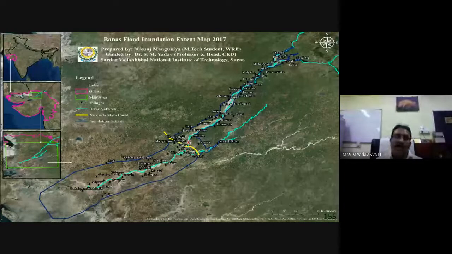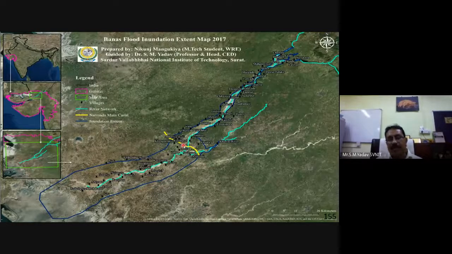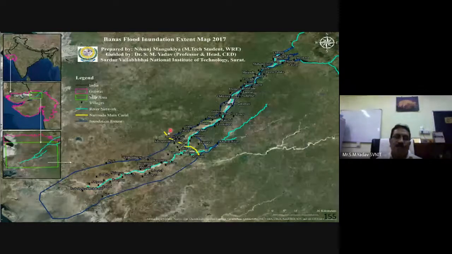But from the economic point of view, or the availability of funds, the passage given for flood water to pass was hardly 700 meters, and that resulted in increased depth of water before the breaching of this main canal.